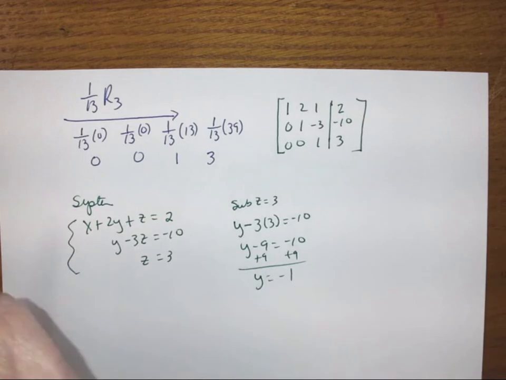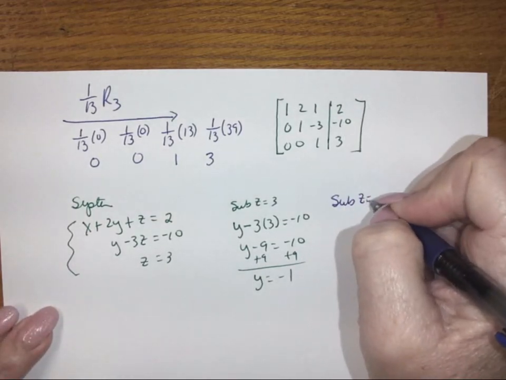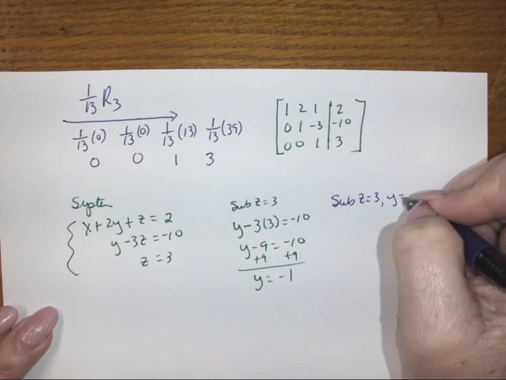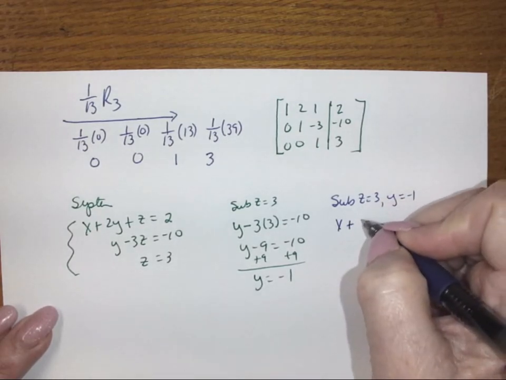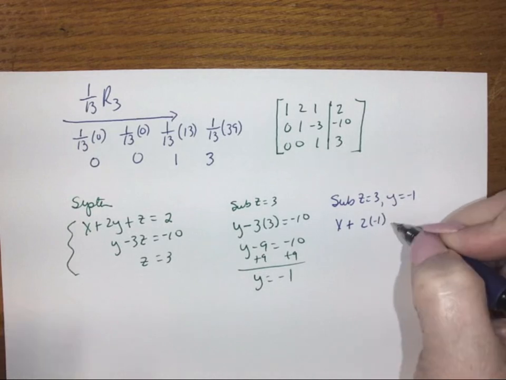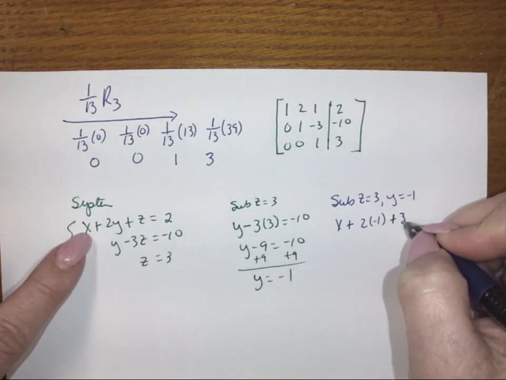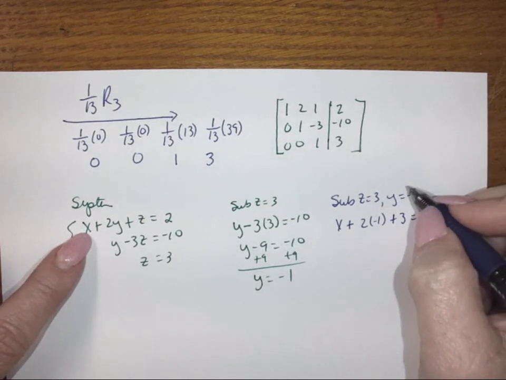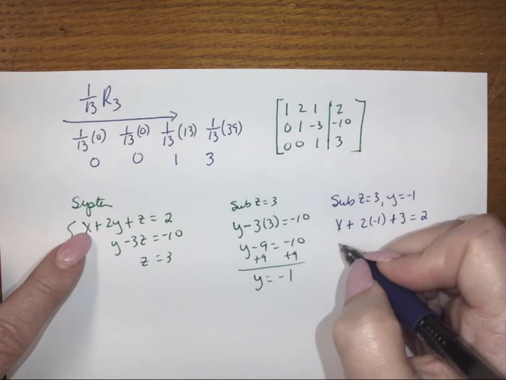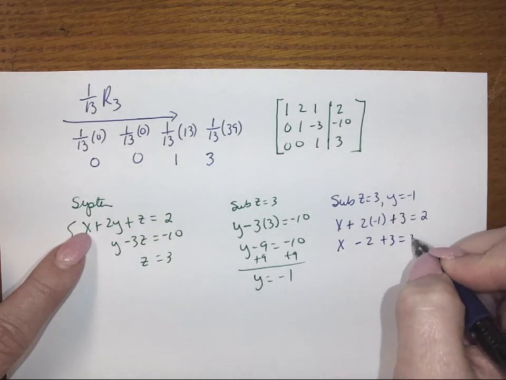So we will now sub in our z equal to 3 and our y equals negative 1. So x plus 2 times negative 1 plus 3 is equal to 2, because we're plugging in the 3 for z. So x minus 2 plus 3 equals 2.